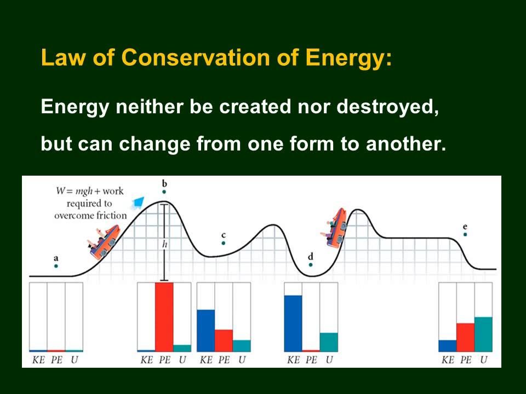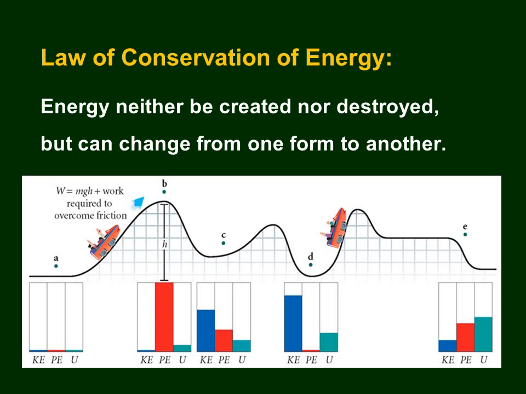Here at point D, the potential energy is minimum and kinetic energy is maximum. Finally, we observe that the internal energy increases due to the friction force. The internal energy comes from the mechanical energy. Mechanical energy is the sum of kinetic and potential. In the beginning, the mechanical energy is maximum.